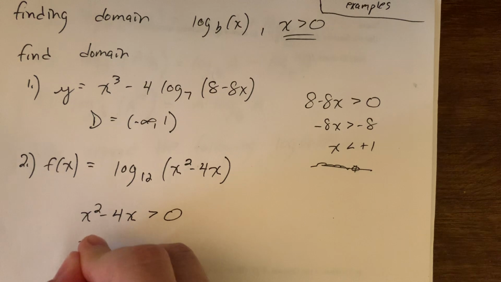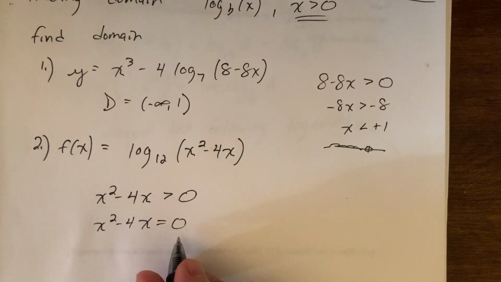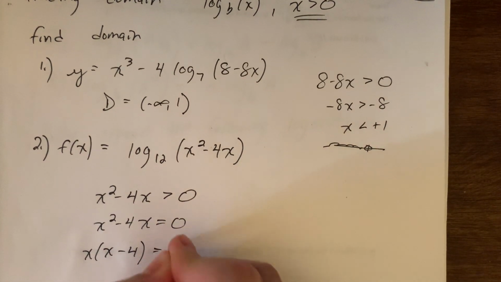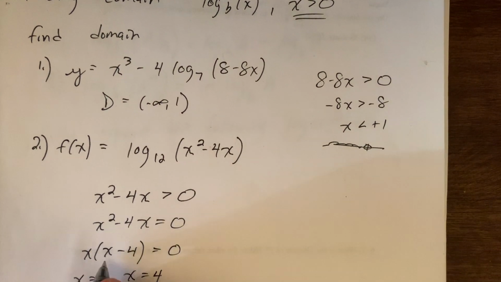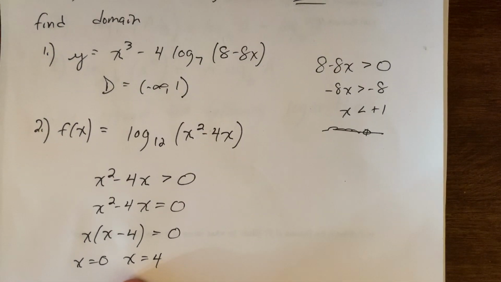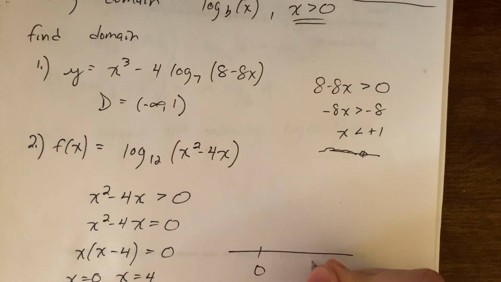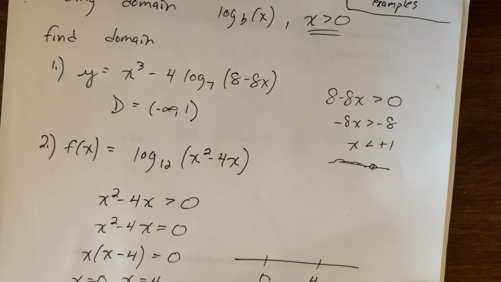It's already in terms of 0. So I'll set it equal to 0. Factor to solve, nothing too crazy here, just a common factor of x. So x equals 0 and x equals 4 are my two important values. I'll put them on my number line, and I'll be doing my test intervals.